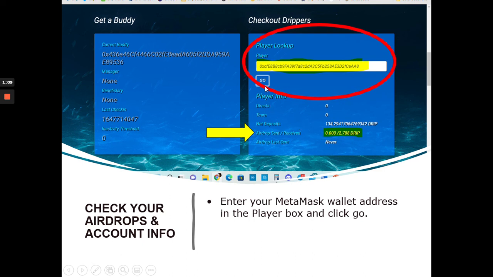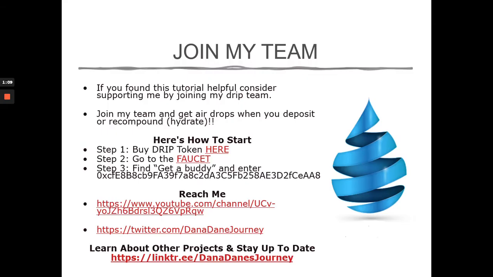If you have a team going, it'll show you your number of direct team members and how many in your team and so forth. So if you want to do a quick lookup, you can do it there, and you can also do it in that app I showed you.